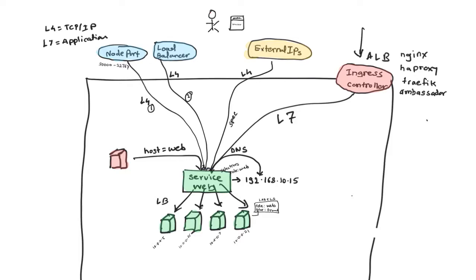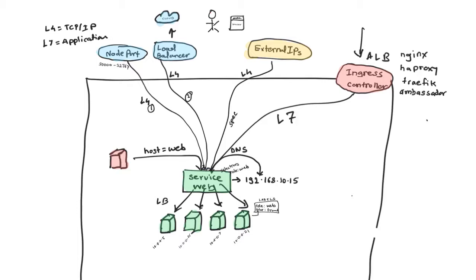Load balancer, on the other hand, is another type of service which works only in a managed environment such as cloud. So it has that limitation. You cannot use the load balancer service on, let's say, a typical data center environment. The reason for this is the load balancer type of service actually works with the managed load balancers available on cloud.